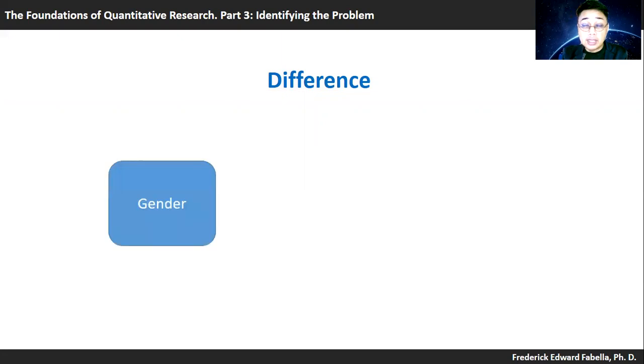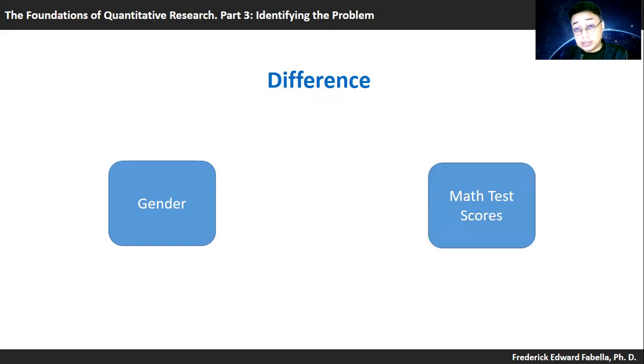Consider this example wherein you have gender as the variable, and you also have math test scores as your second variable. And you want to find out whether gender influences the math test scores of individuals. So how will you come up with an idea to study this?